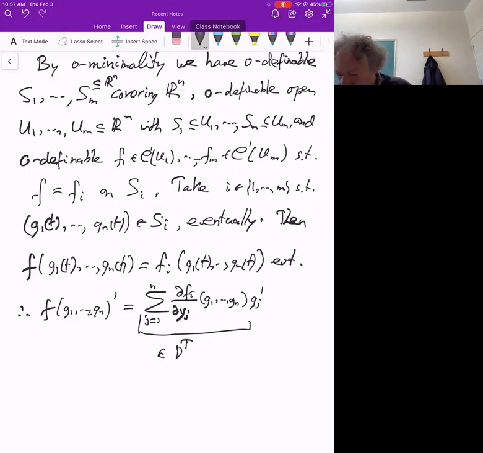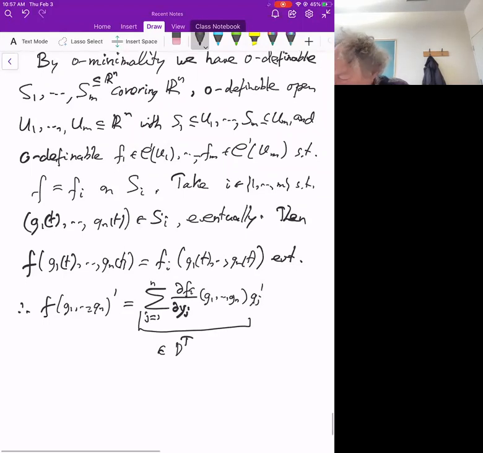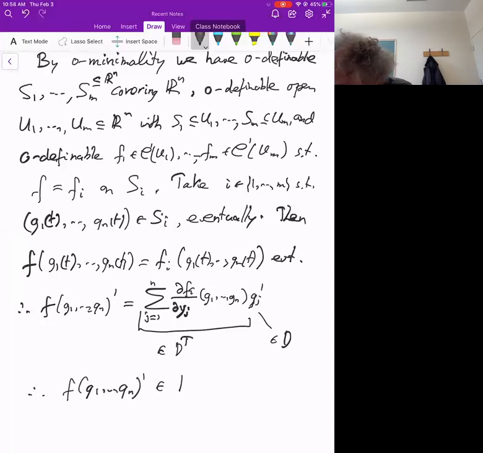All the n terms here are in dt, and the Gj prime are in D. So therefore F(t) prime is in dt. And so we have proved that dt is indeed closed under taking derivatives.